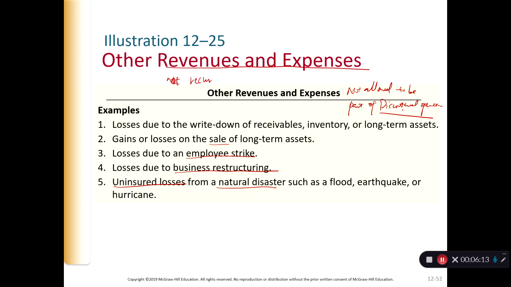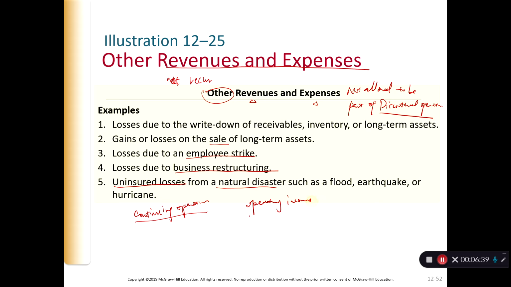They are part of continuing operation, but not under operating income. They are under the other revenues and expenses line. They must be reported as part of continuing operation, but not operating income.